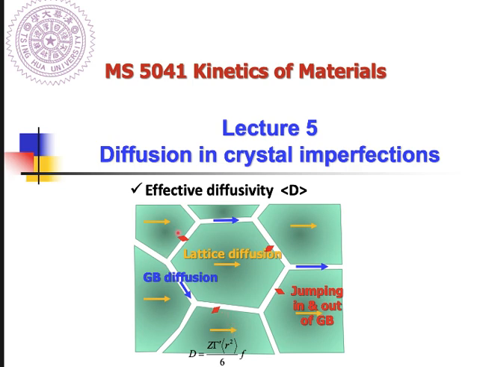But if the material you have is like this polycrystalline material, then you have an atom here, right? So how the atom diffuses through this material will be like this, for example. I'm an atom here, and yes, I diffuse through the grain. Then probably I will jump into the grain boundary and move along the grain boundary.